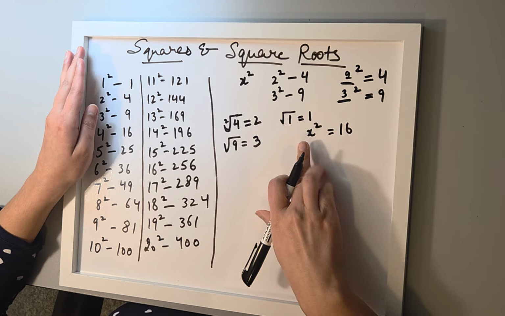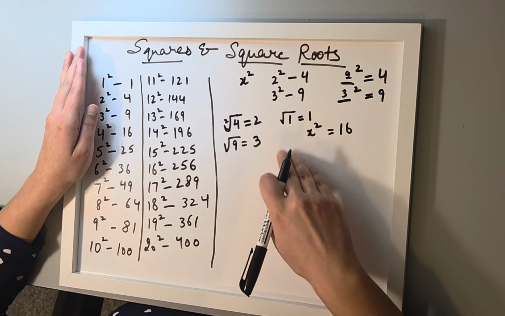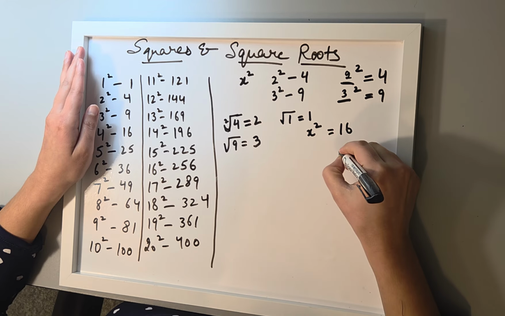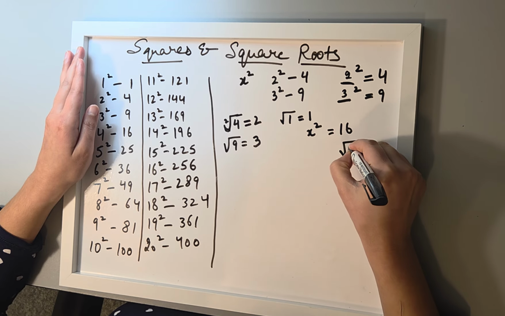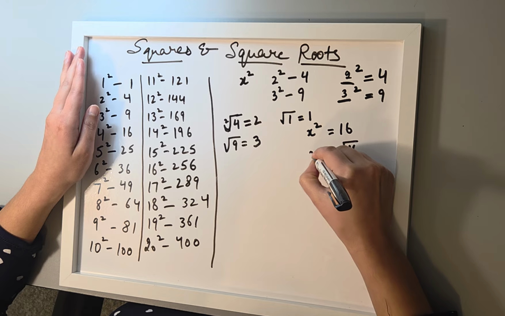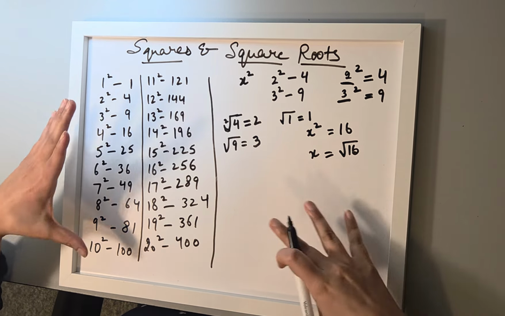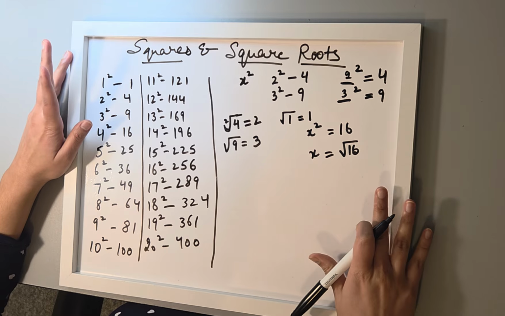So we can say this square becomes 16 and the reverse, square root of 16 will become x. We'll do some examples to clarify it.